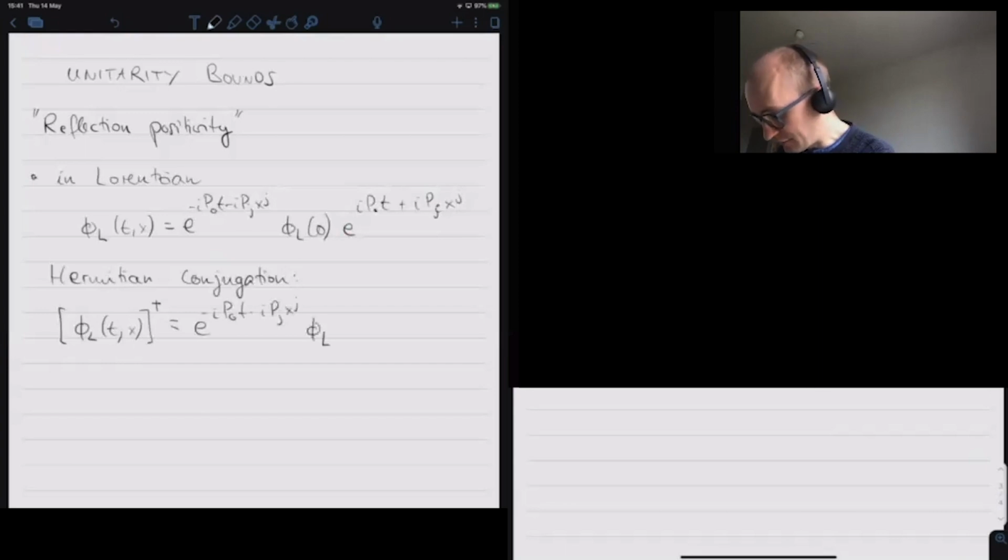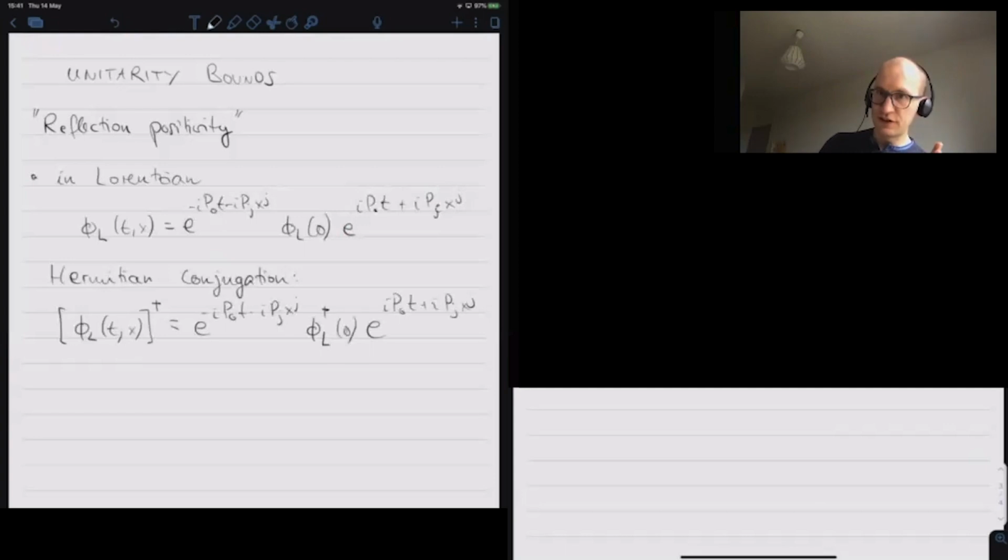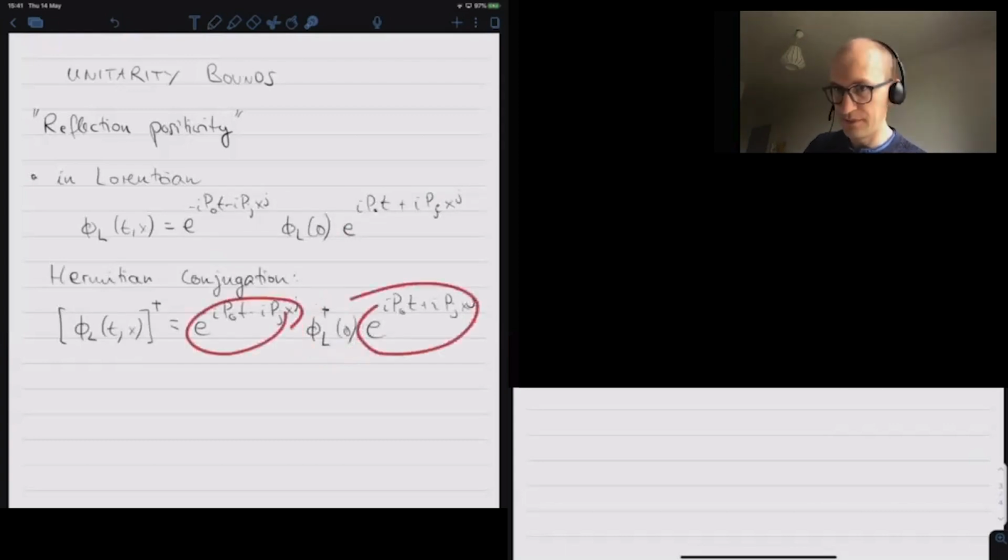Then I take phi_L dagger at 0, and I have e^{i p_0 t + i p_j x^j}. So that's generally the recipe of how I do Hermitian conjugation. I can just naively apply the Hermitian conjugation on this operator here, and then these shift operators stay the same.